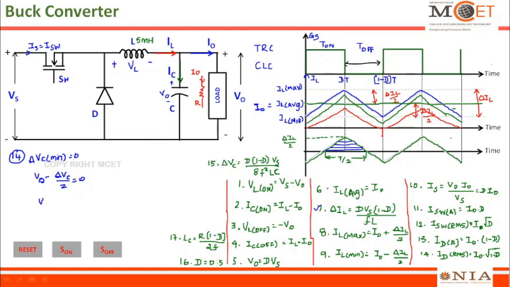If I equate this, then I will get V0 is equals to delta VC by 2. Delta VC already we have calculated from expression 15. So instead of this, I am using my expression 15. So once I put this expression 15 instead of this, I will get this expression. So this C is what we call it as critical capacitance.